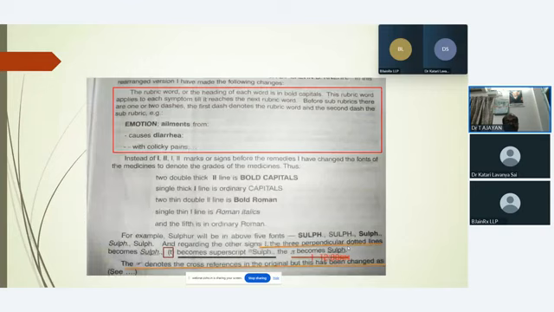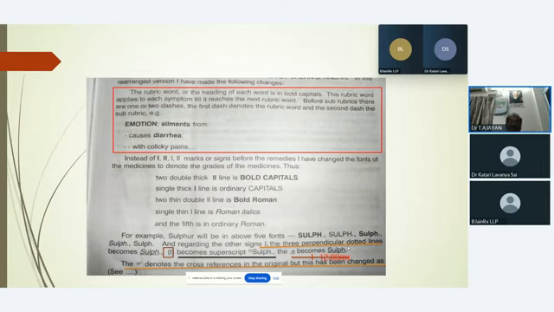In the revised edition it is also converted. This is the original book, and we have already conveyed the typographic markings to you. But in the revised edition, in Sivaramakrishnan's textbook, the double thick is converted into bold capitals. The single thick line, ordinary, is converted into capital letters. The 2 thin double lines are converted into bold Roman. The single thin line is converted into Roman italics. Then the fifth one is ordinary Roman.